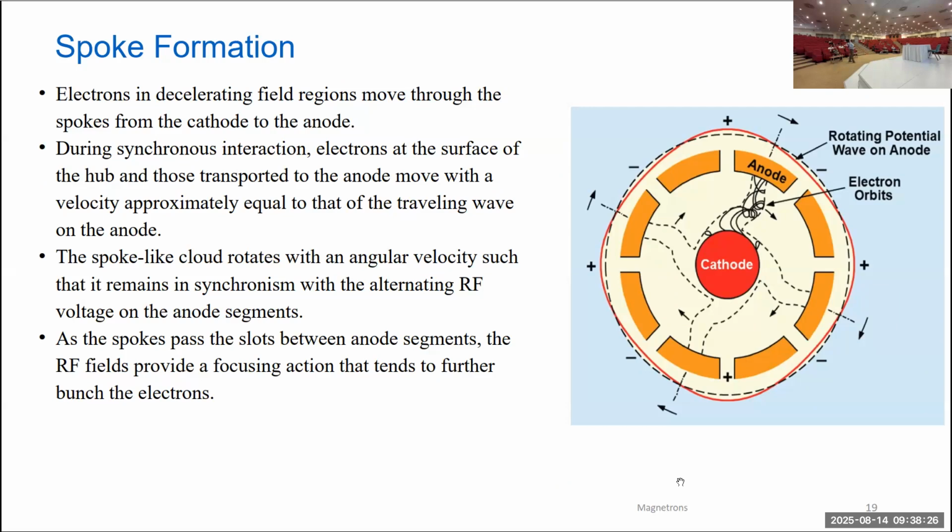As the spokes pass the slot between anode segments, the RF field provides a focusing action that tends to further bunch the electrons. Now these electrons are bunched due to these cavities and form the spoke, and these bunched electrons are more efficient at producing the RF field.